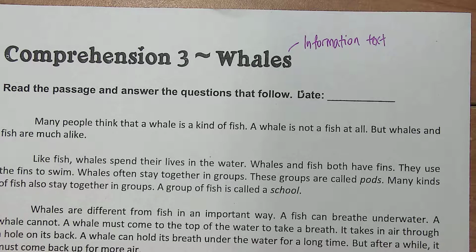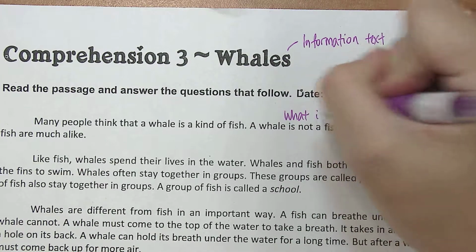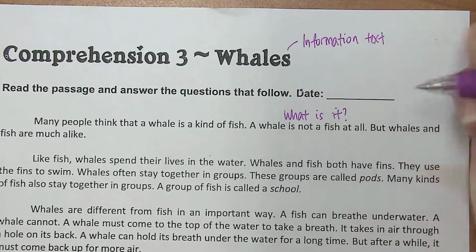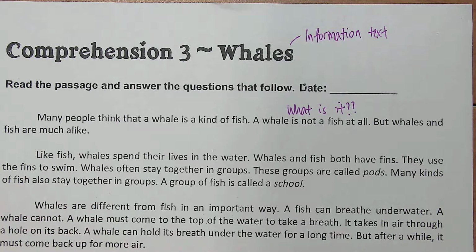Now let's start with the first paragraph. Many people think that a whale is a kind of fish. A whale is not a fish at all. So what is a whale? But whales and fish are much alike.